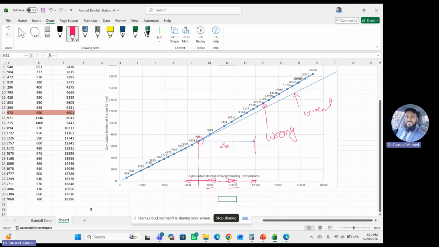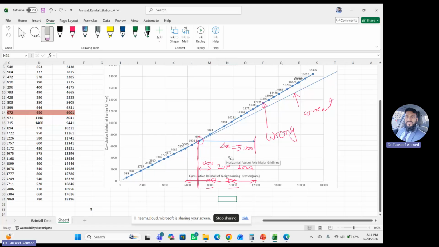And this point is almost half, so this distance is 1,000. So delta x is how much? Total 5,000. Okay, clear? I hope this is clear.